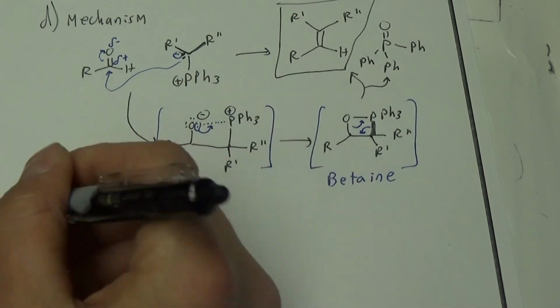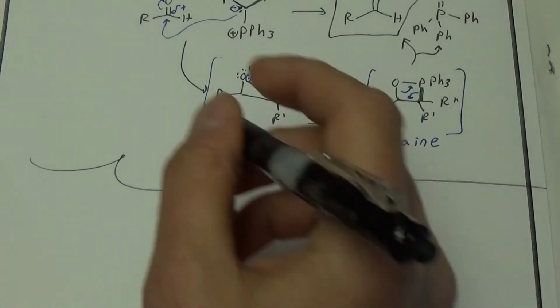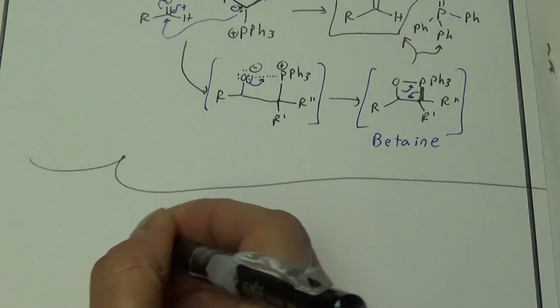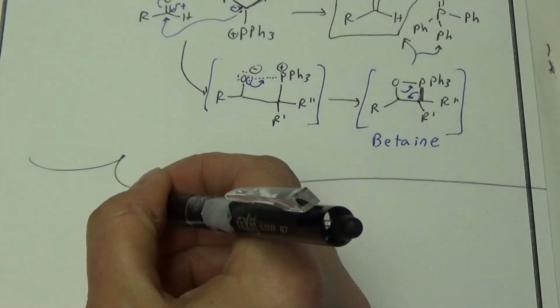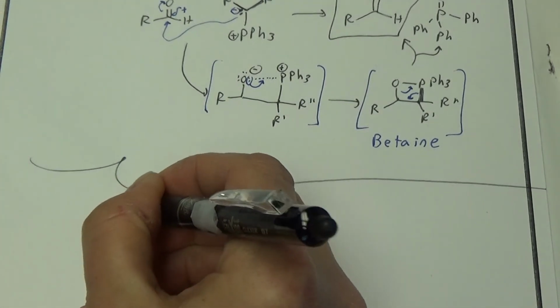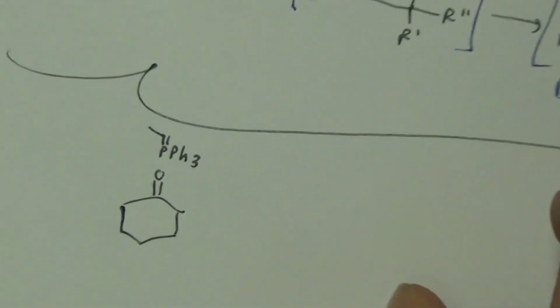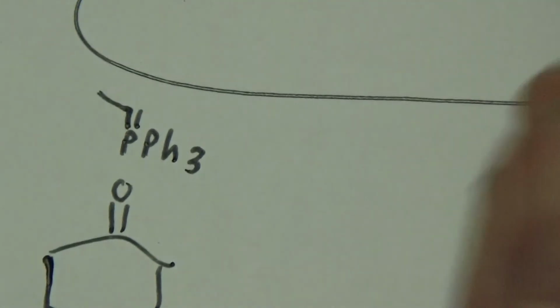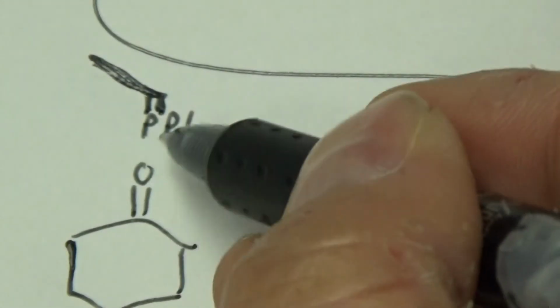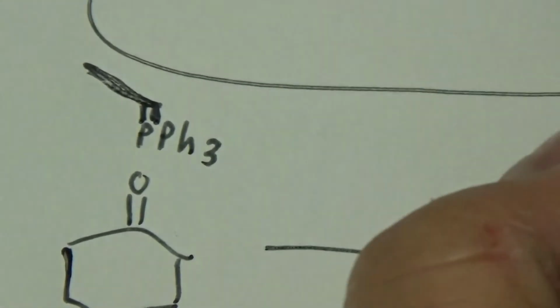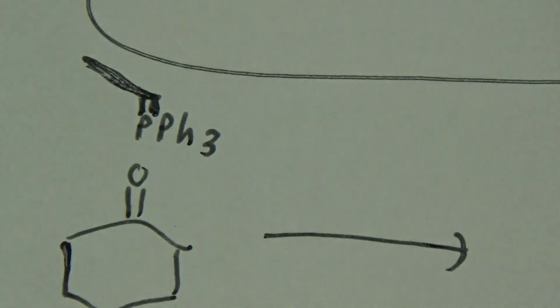Okay, so we're kind of wrapping up the Wittig. Just another quick example. Ketone. What if I have like PPh3? I just mentioned this earlier, a cool way you can envision the product. If you draw the Wittig reagent in the double bond form, so it's like double bond to PPh3, you can easily see what the product is, the alkene.